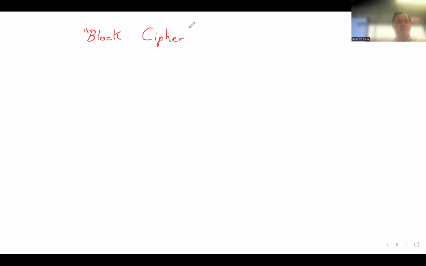As we advance into defining DES, what are block ciphers? The key idea is that we once again map bits to bits, right? We're always thinking in bits. So it's a mapping from bits to bits, but it's going to be like this. A block cipher maps n bits of input to n bits of output.